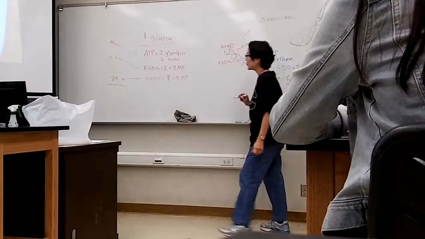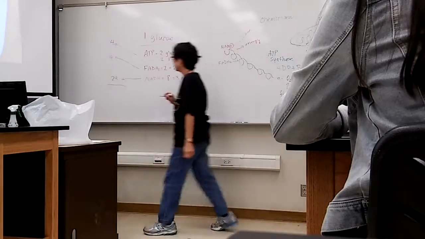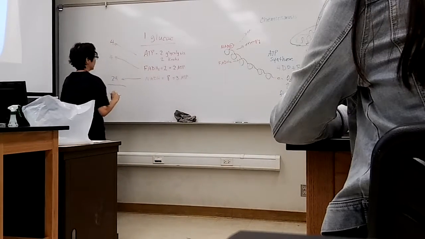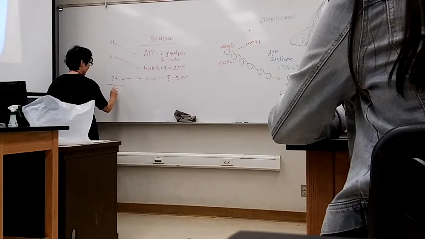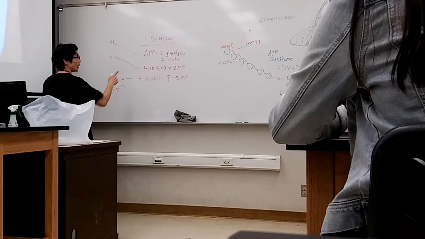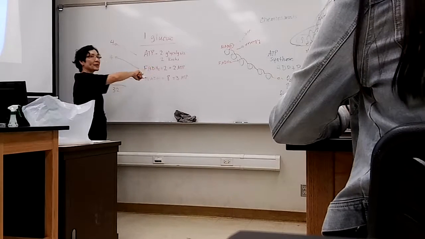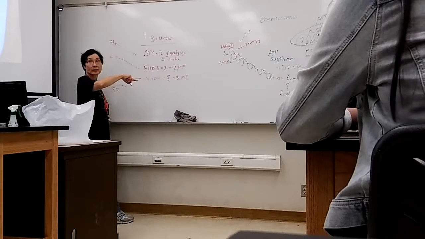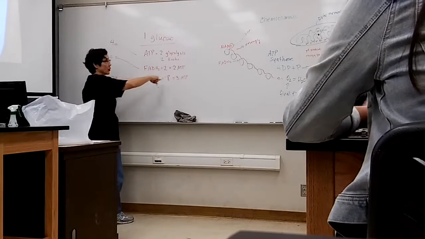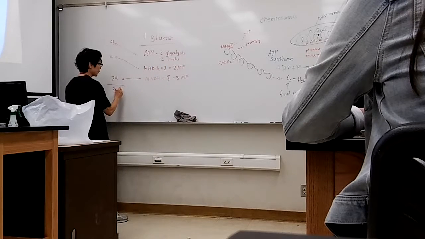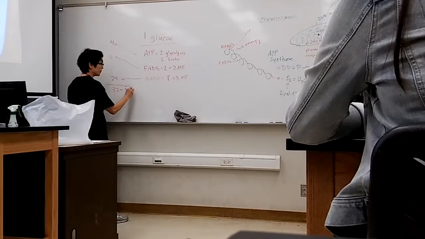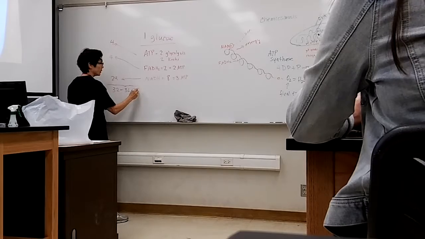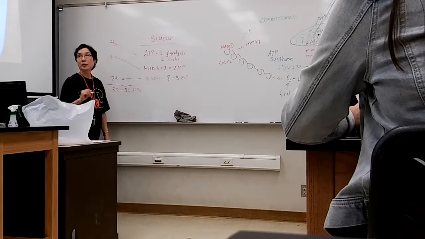So how many do we have altogether? 32 ATPs. Depending upon the cell, it might be 2.5, it might be 3.5. So not all cells are like this, so you can get 32 to 36 ATPs. That's how many you can actually produce per molecule of glucose.